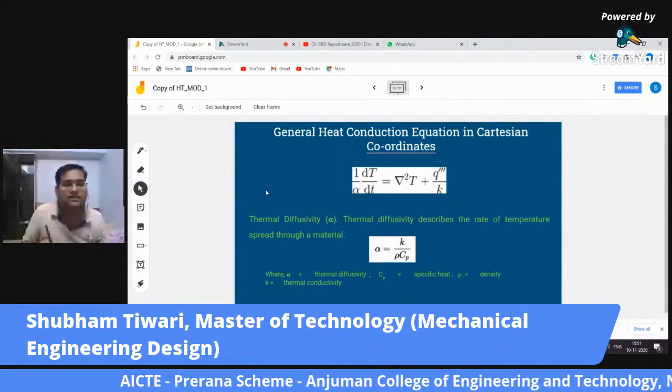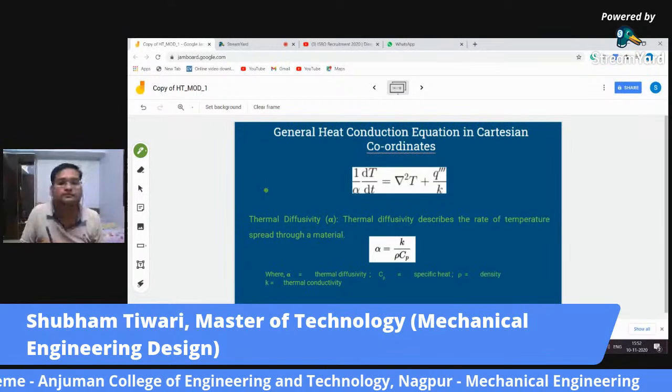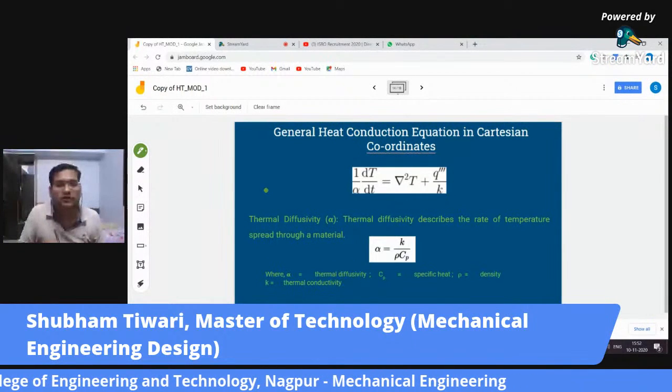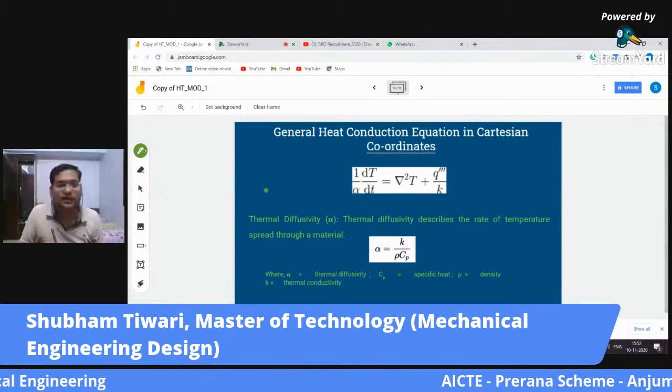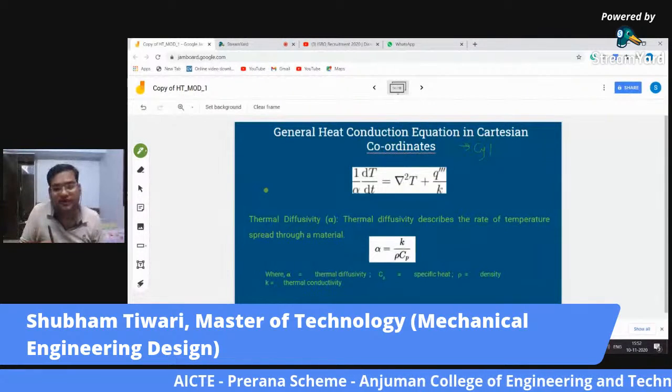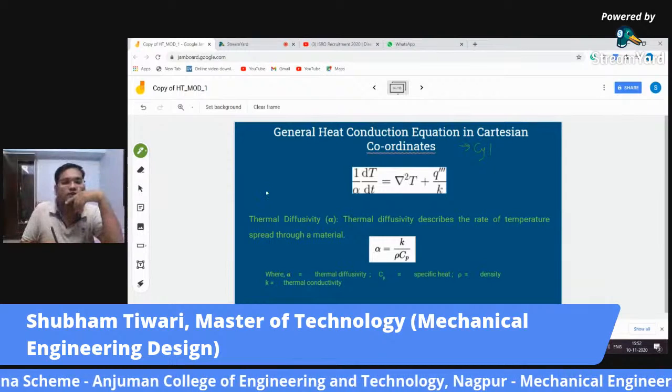Okay, now this is the final thing that we have here. This is the general conduction equation, in Cartesian, cylindrical and polar coordinates also. I am just showing you this Cartesian coordinate equation.